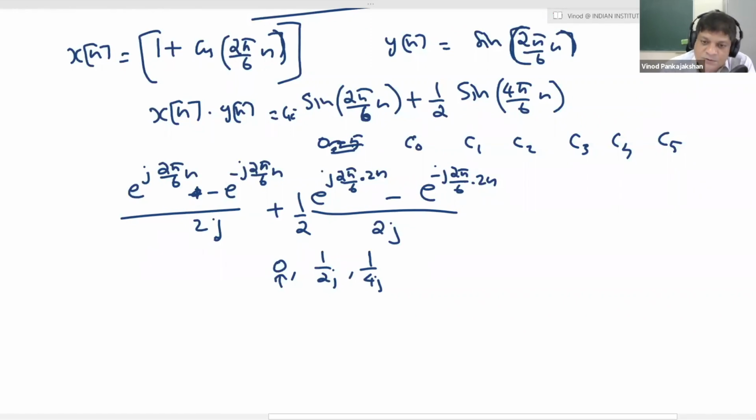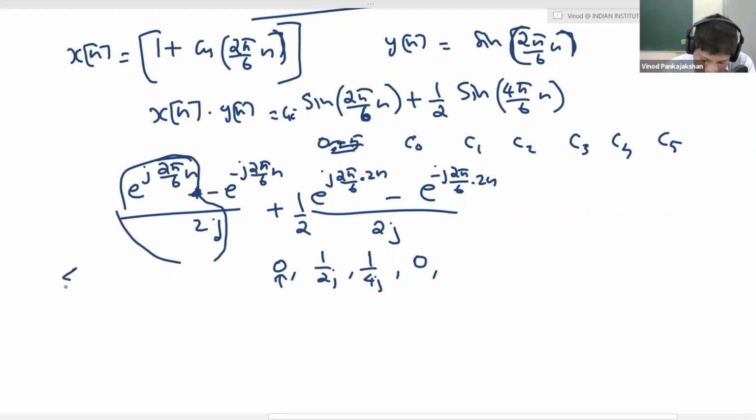This term corresponds to the second harmonic. And what about the third harmonic? The third harmonic is 0. And the fourth harmonic? Minus, it is minus what? We can see this corresponds to the first harmonic, because this is having a fundamental period of 6.